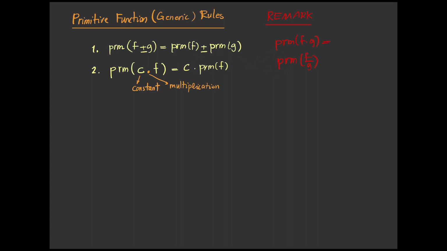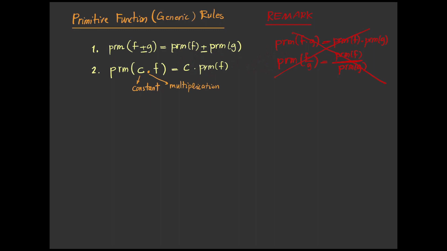And if you believe that this should be the primitive function of f multiplied by the primitive function of g, I warn you that's wrong. It is a very good idea to write them and cross them out. So the rules are quite limited when it comes to this.